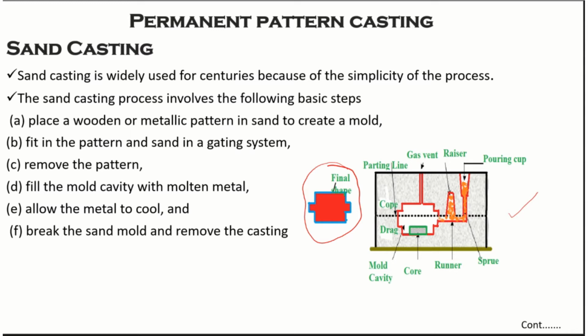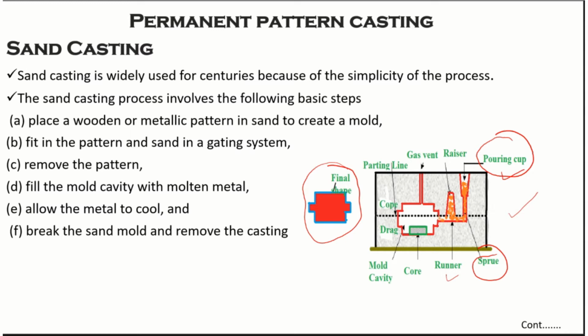Into the mold cavity, the molten metal or liquid metal will be poured through the sprue, which is fixed here, and where a pouring basin will be placed. This liquid metal will flow through the runner, and the gate will be fixed at the entrance of the mold cavity.